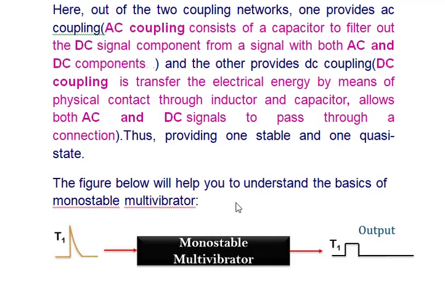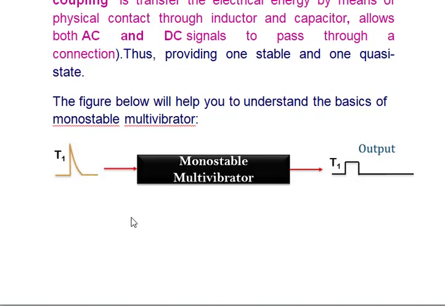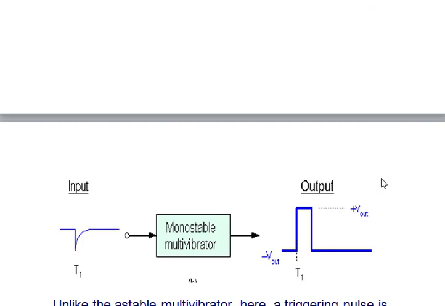The figure shows the basis of the monostable multivibrator. The trigger is T1, an external triggering voltage applied to the monostable multivibrator, and one state is the stable state and the other state is the temporary quasi state.